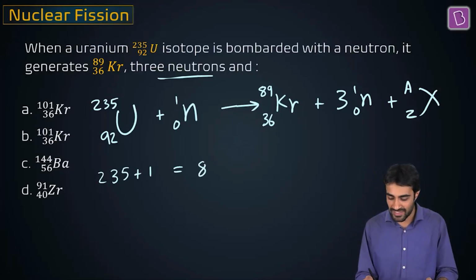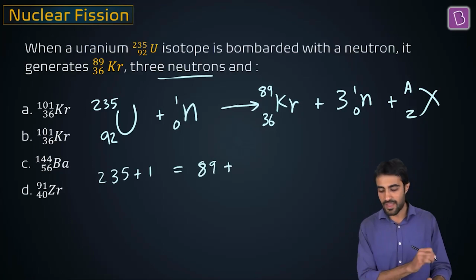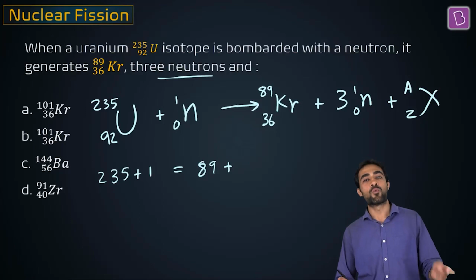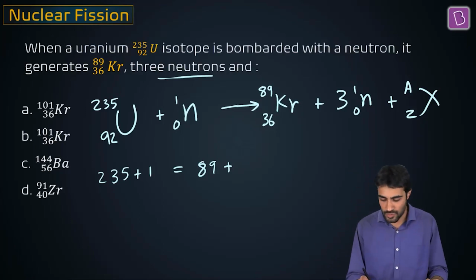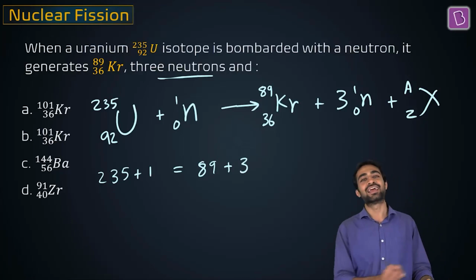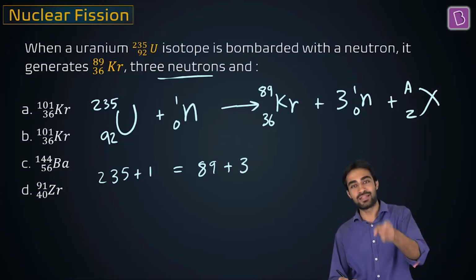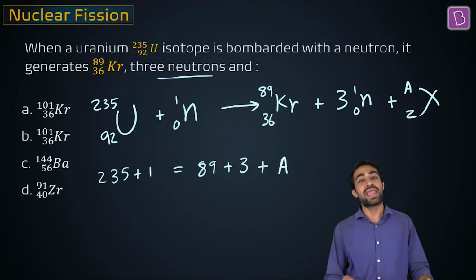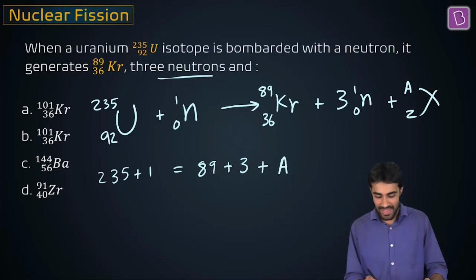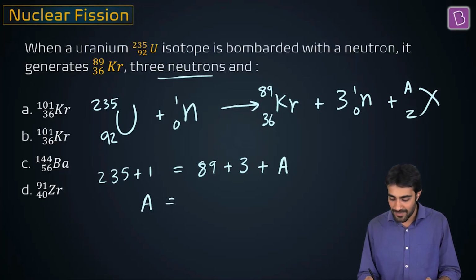This is equal to 89 plus. What is the total mass number of 1 neutron? It is 1. But we have 3 neutrons over here. So we have 3. Yes. So 1 plus 1 plus 1. This is 3. And then for element X, we have A as the mass number. This will give us the value of A as 144.